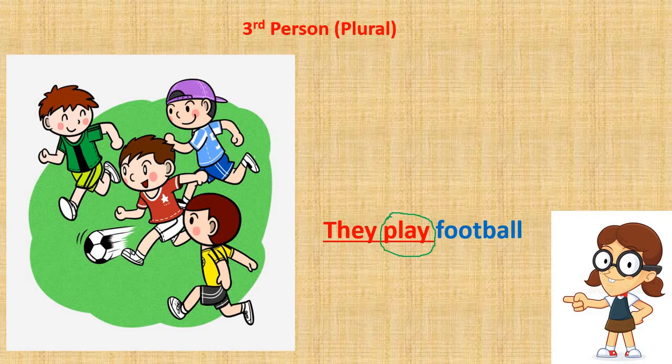It takes the main form of the action verb, right? So write down the sentence in your copy. They play football. Underline they play and circle the action verb play. Okay.